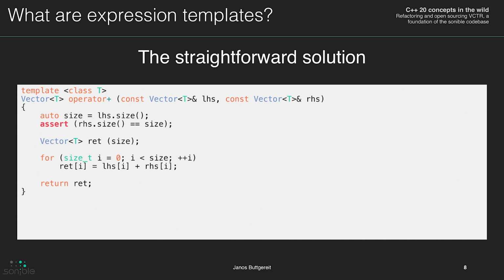And as you can think, this is nothing that you should do in real-time critical, performance critical code, because it will allocate a new temporary vector every time you call this function.